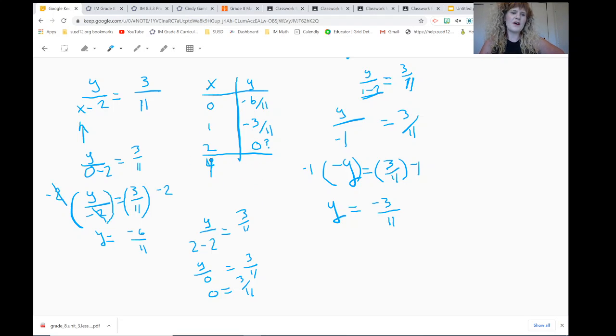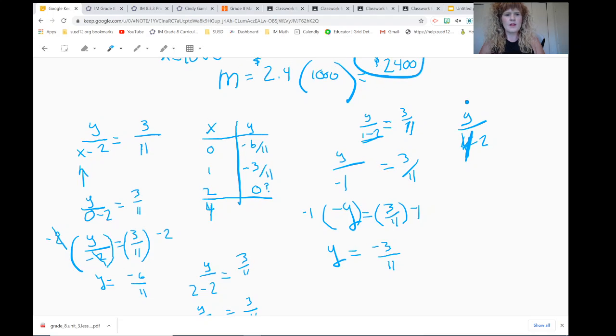Okay, when x equals 4, let's do that one over here. So y over x minus 2, where x is equal to 4, 4 minus 2, equals 3 over 11. Okay, I'm exhausted, so I want you to solve this one yourself.